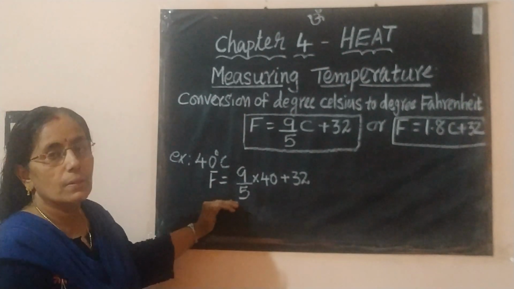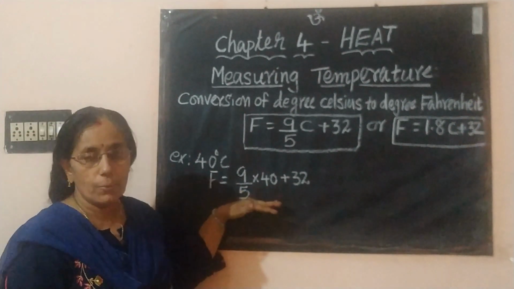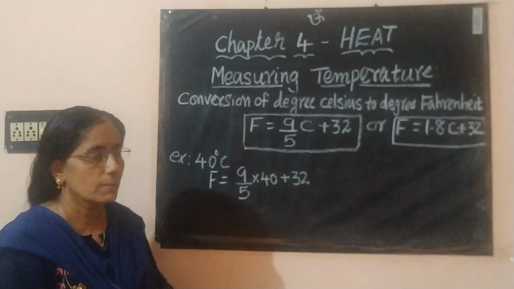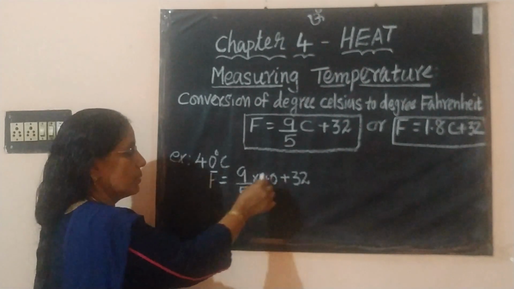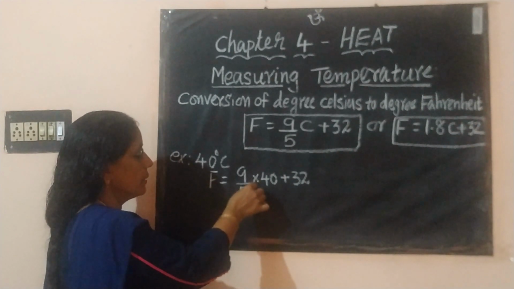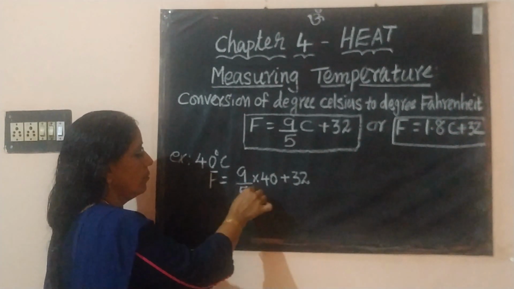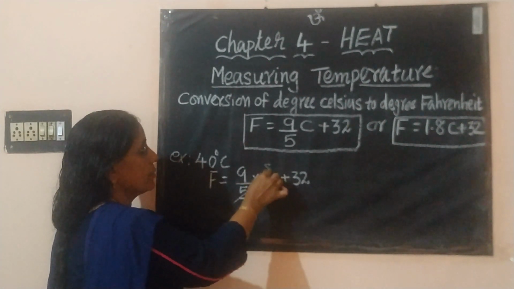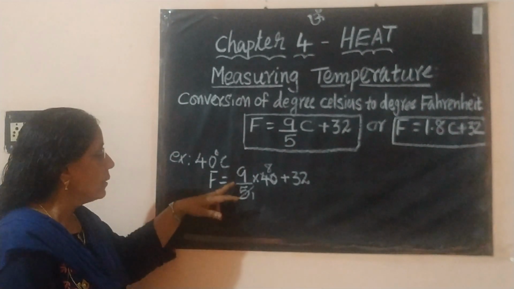Here students, we have to use the BODMAS rule of mathematics. So first we will do this multiplication. Here 5 and 40 can be easily cancelled. 1 and 8 5s are 40.